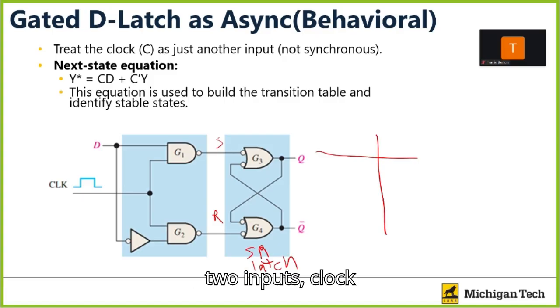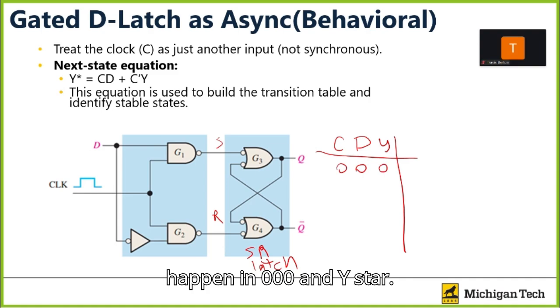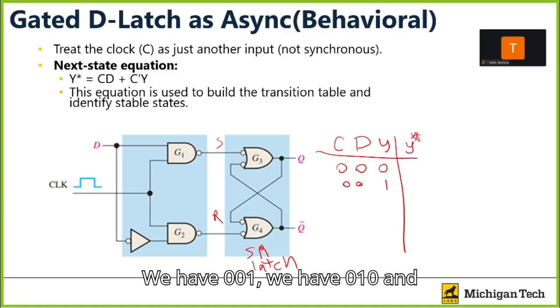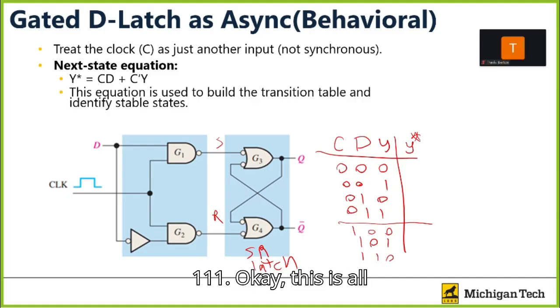We have two inputs, clock and D, and we also have Y. So we can write all the combinations: 0, 0, 0 and Y star; 0, 0, 1; 0, 1, 0; 0, 1, 1; 1, 0, 0; 1, 0, 1; 1, 1, 0; and 1, 1, 1.